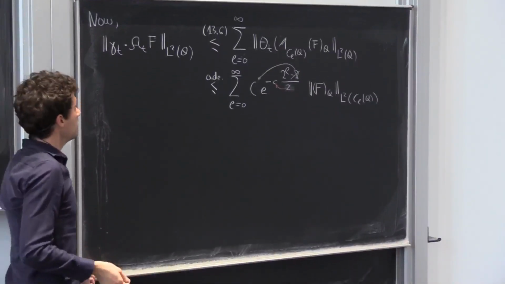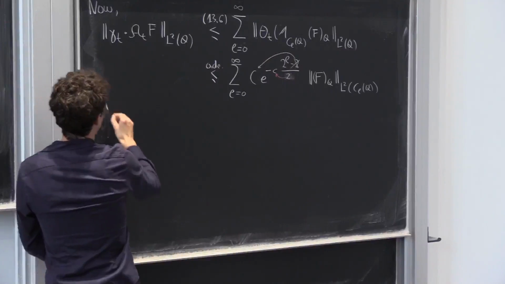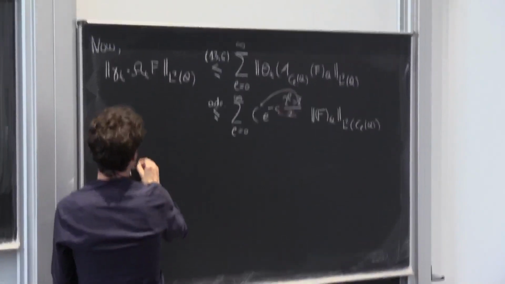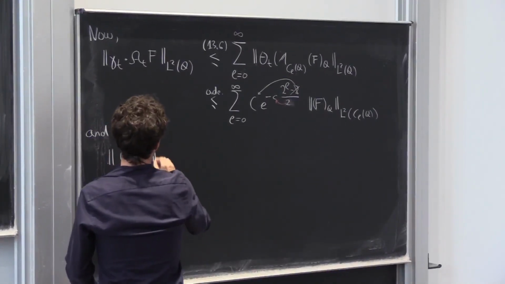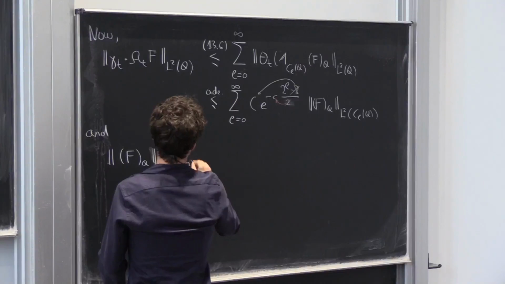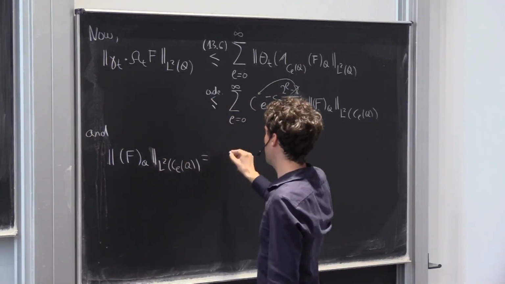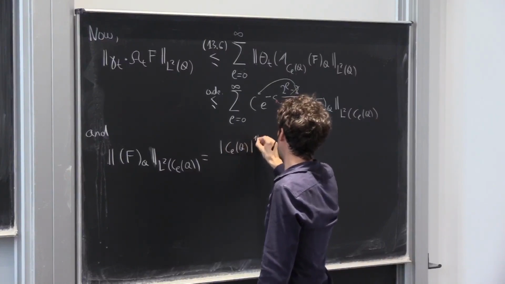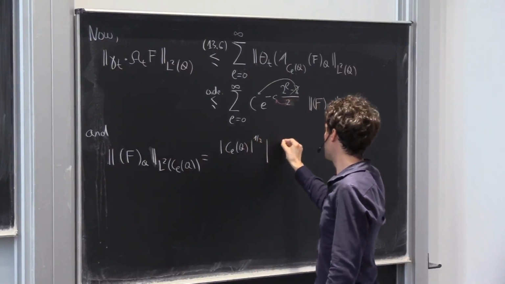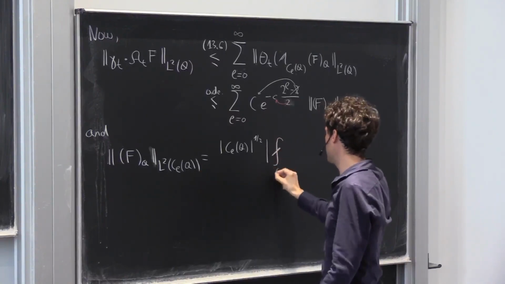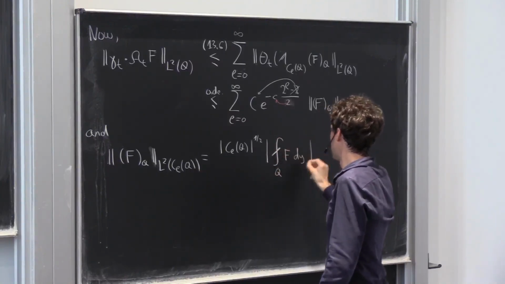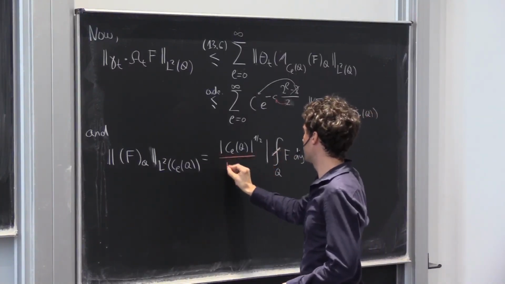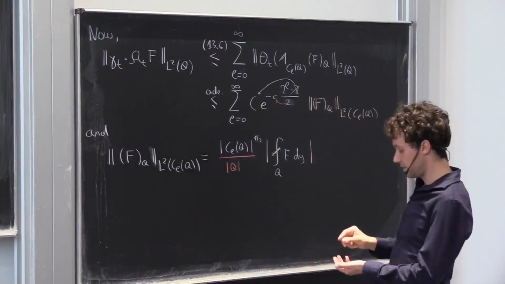Now this sum has to be computed. So I have to compute the L2 norm on the right-hand side. Well, this is the L2 norm of a constant function, so that's easy to compute. This just gives you the measure of the region that you're integrating to the power 1/2 times the value of the constant that you're having inside. Okay, so then I'm putting the average out and I'm dividing by Q, which is the same thing.